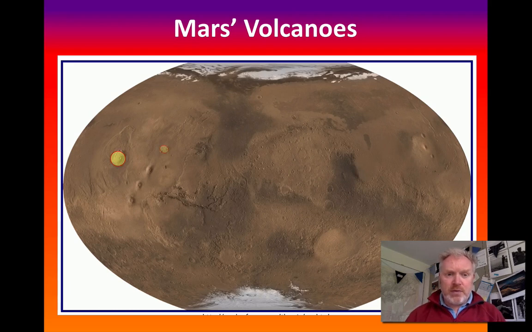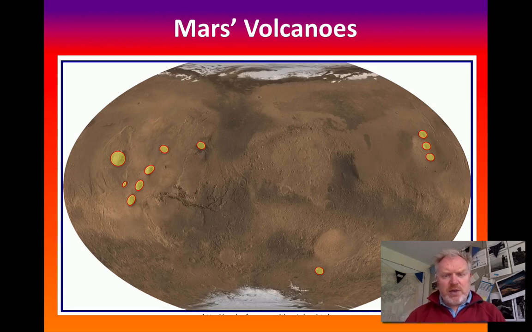The first one is Olympus Mons. Okay, these are the volcanoes that we can identify.